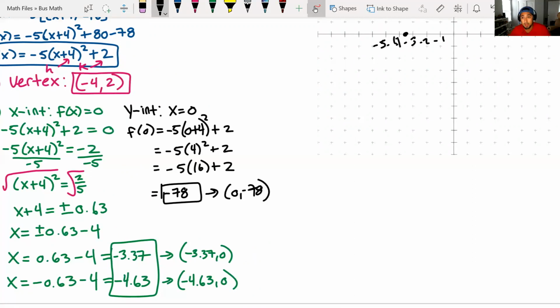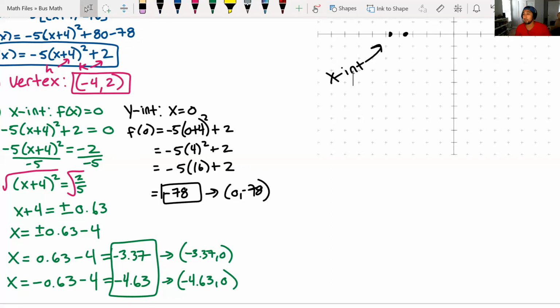And then at negative 4.63, somewhere around there. Let me get rid of those. All right. Those are the x-intercepts, right?